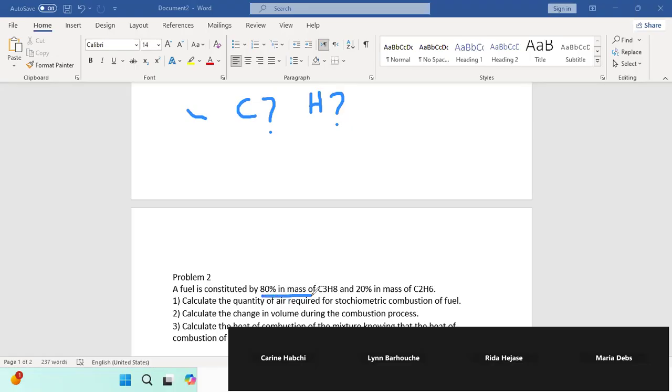In the given, they said that our fuel is constituted by 80% in mass of C3H8 and 20% in mass of C2H6.